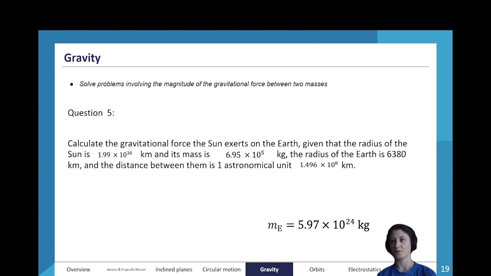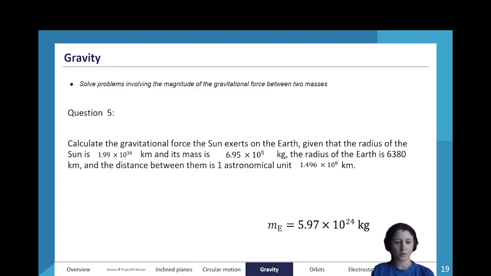The radius of the Earth is 6,380 kilometers, and the distance between the two is 1 astronomical unit. And an astronomical unit is 1.496 times 10 to the 8 kilometers. So, we are also given the mass of the Earth.